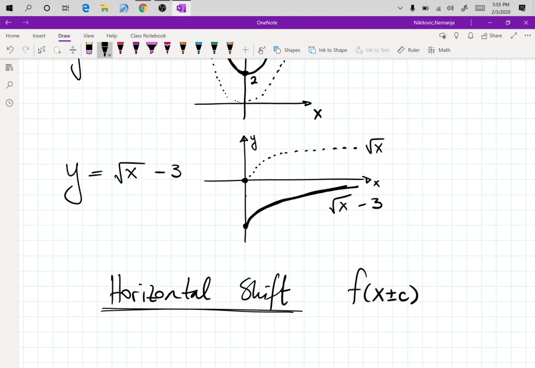You see, now you're not adding a number to the entire function like before. You are adding a plus or minus number directly to each x in the problem. So that's going to be a left and right shift. It's positive c shift left, negative c shift right.